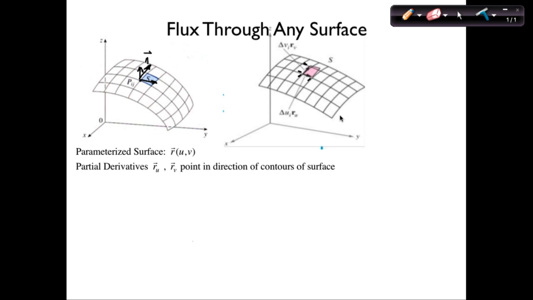So we're going to take those partial derivatives, and we need to scale them down so that these vectors are replicating that element rather than being too long. If you just take the partial derivatives, they could be way greater in magnitude than the actual edges of your element. So we multiply those by the delta u and delta v to scale them back.